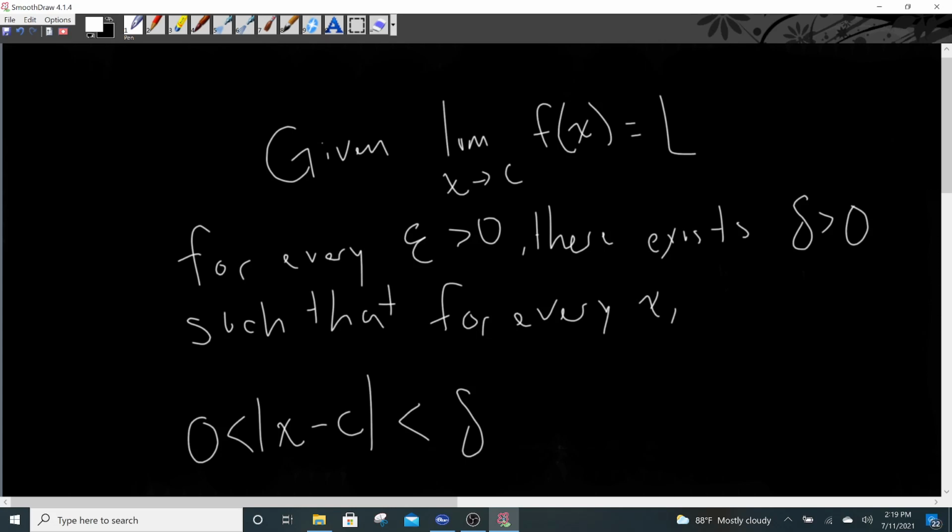That also implies that the absolute value of f of x minus L is less than epsilon.